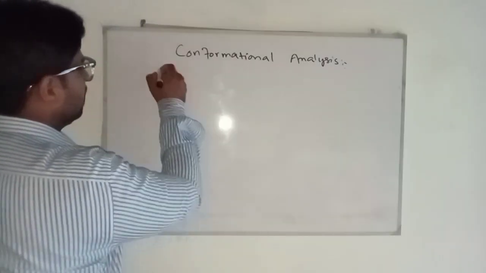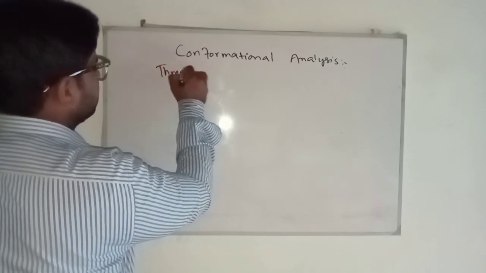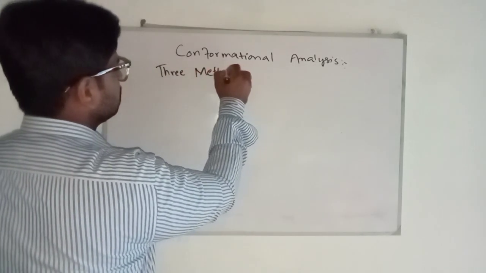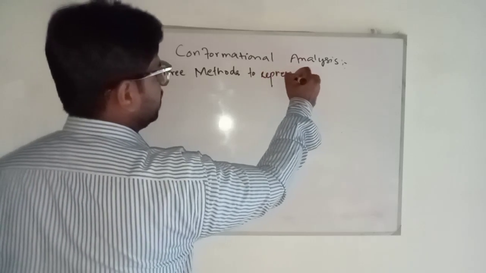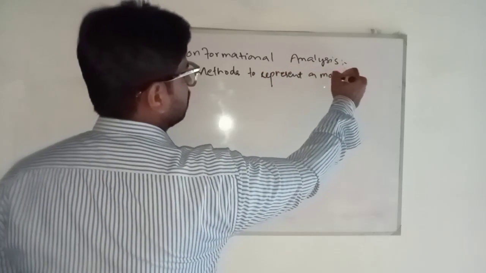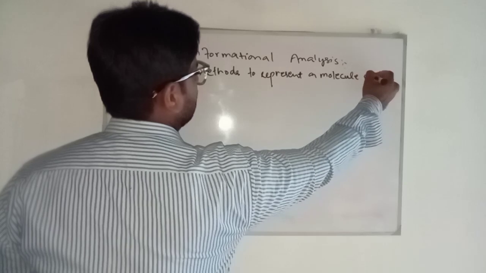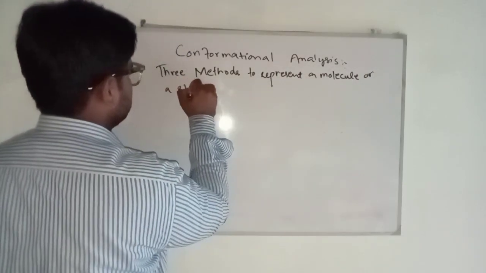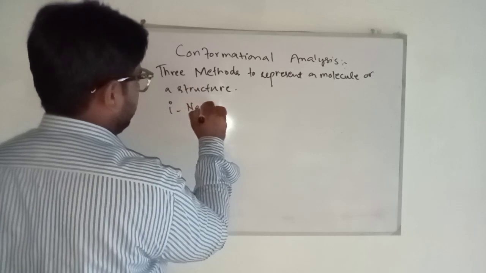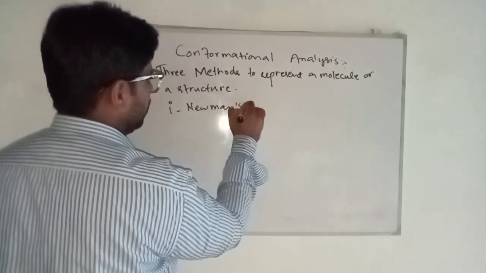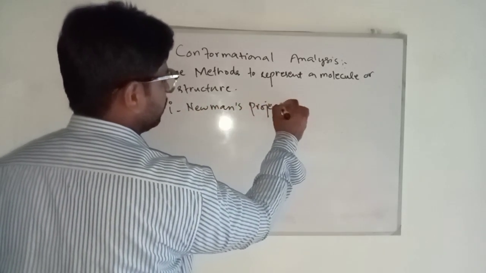Remember that there are three methods to represent a molecule or a structure. First one is called Newman's projection.